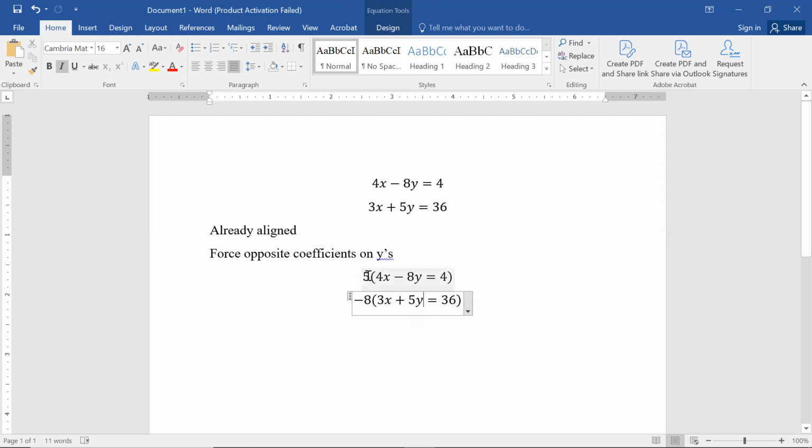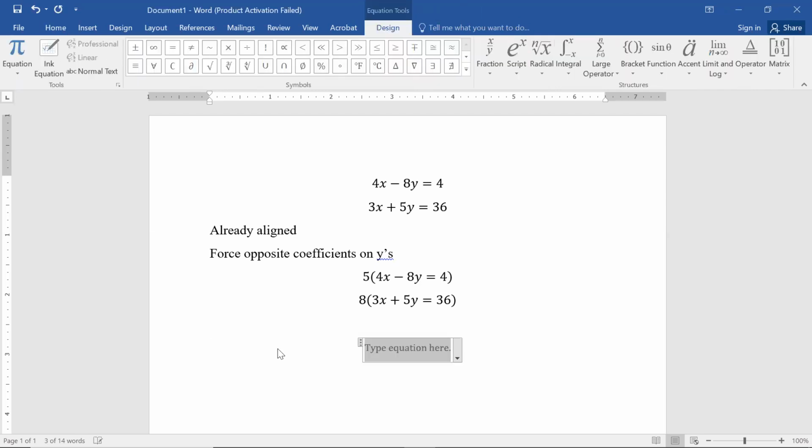Now, if I ever have a negative, I kind of like changing the negative back to a positive because for me, it's more natural to multiply by a positive. I don't have to worry about sign changes. So I'm going to take that -8 and change that to a +8 with my sign change.